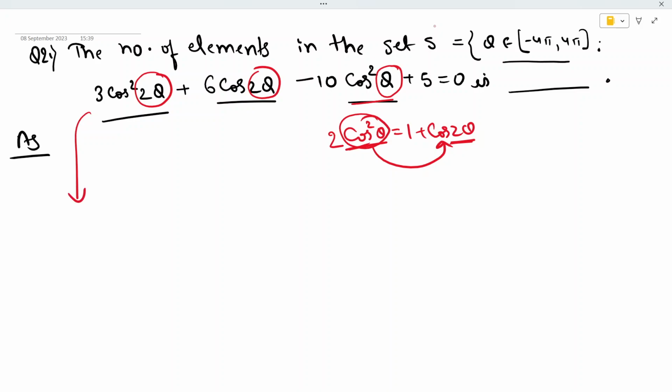So again we solve: 3 cos square 2 theta. Just calculation. You just need to make the argument the same. The first basic thing to put in your mind is that we first have to make the argument the same.